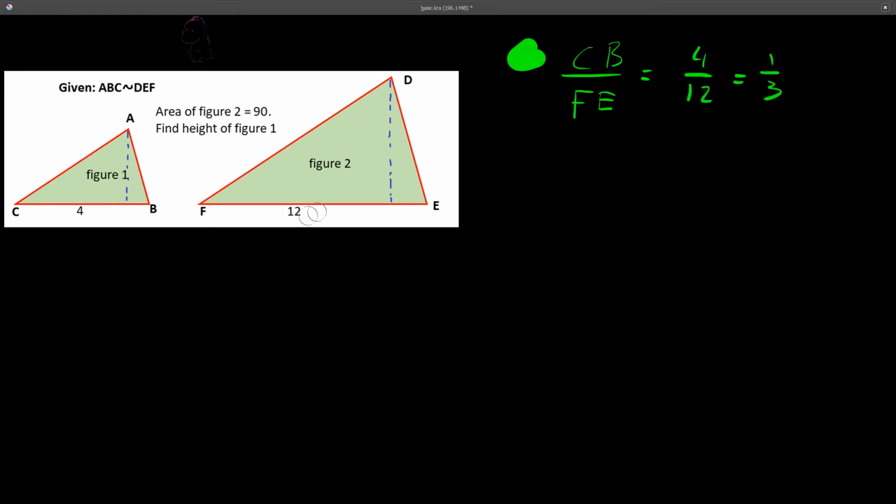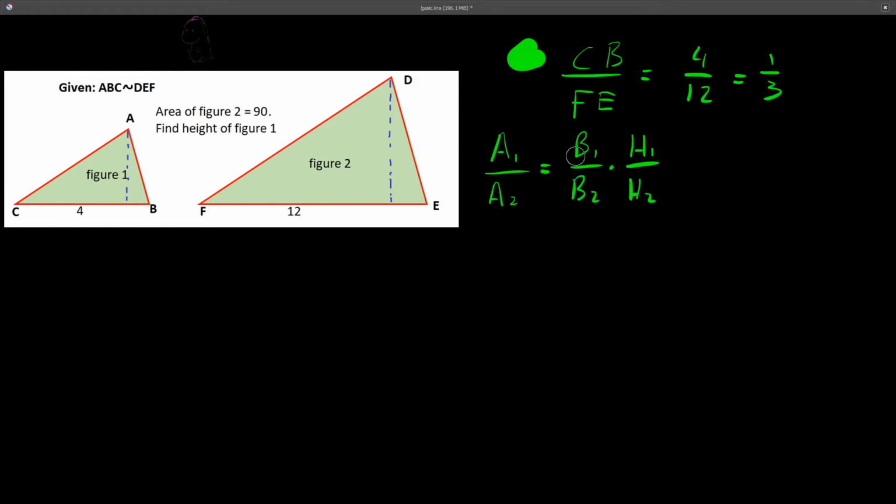And that will apply to the height. But since the ratio of the base is 1/3, the ratio of the area, so area of figure 1 to area of figure 2, is actually base 1 over base 2 times height 1 over height 2.